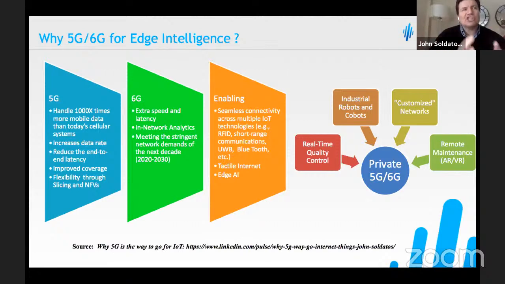However, for our applications, we see a very strong value proposition in this private 5G space and the ability to develop customized software-defined networks. So effectively through slicing and network function virtualization, you would like to customize the network that is most appropriate for your factory or plant or other industrial deployment.